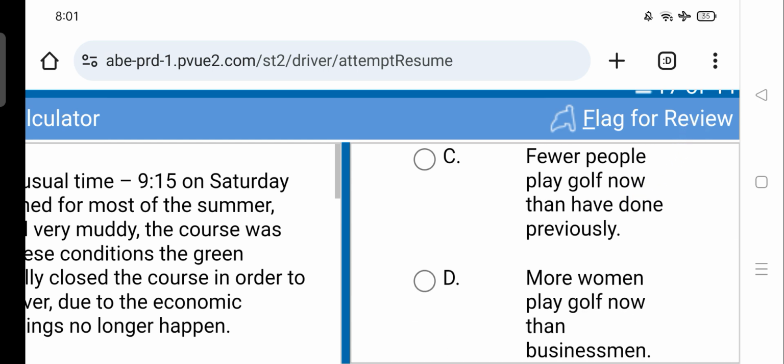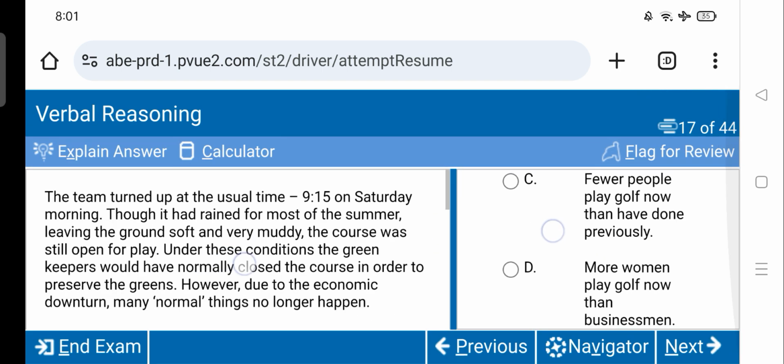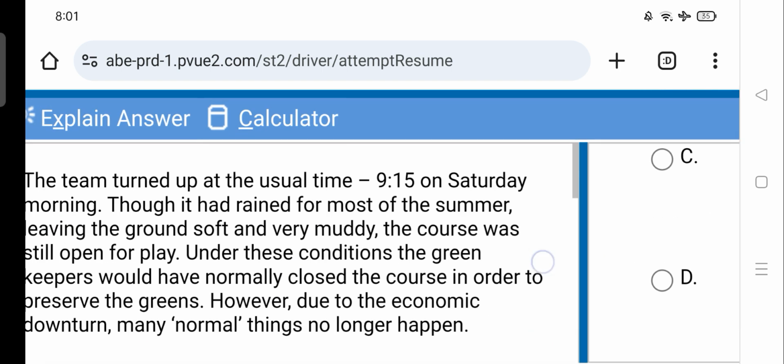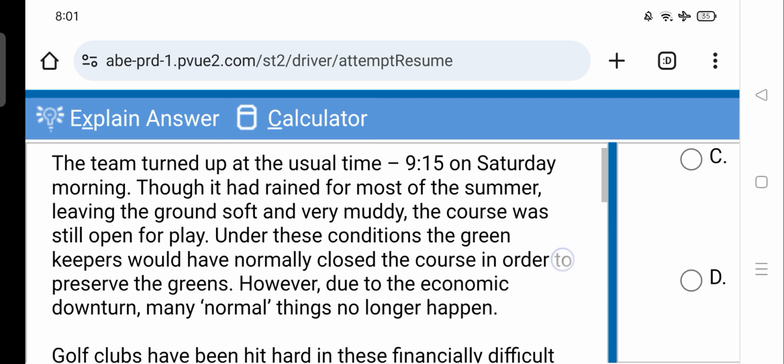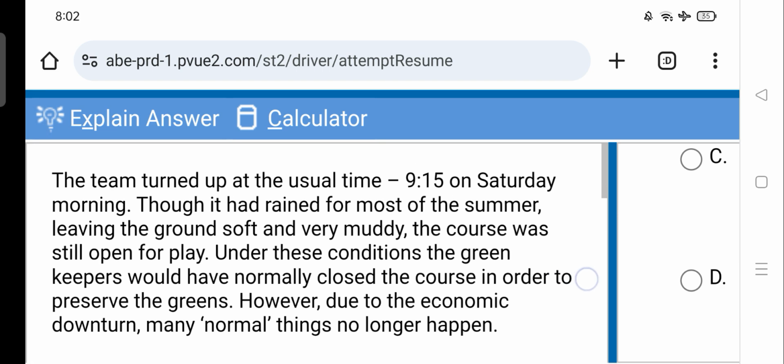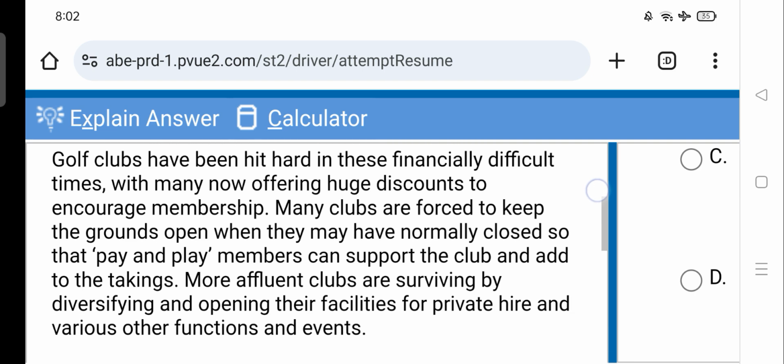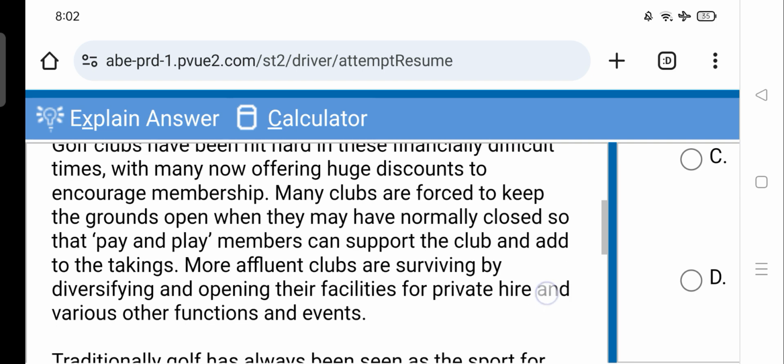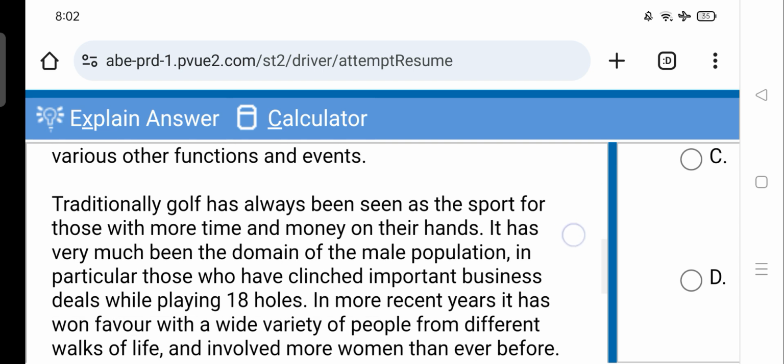Option D, more women play golf now than businessmen. So now we have different passages. You can read them and take a look at these passages. You can find out your keywords and then you can draw your answers from the passages given.